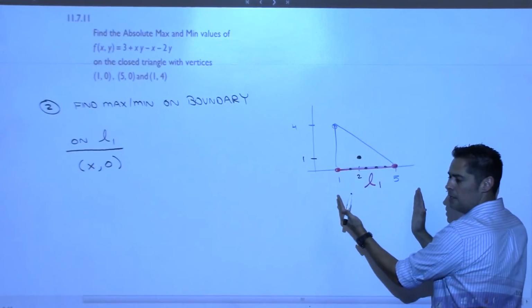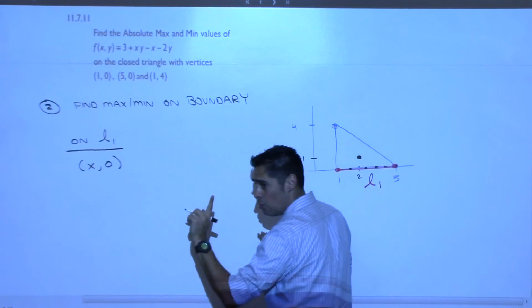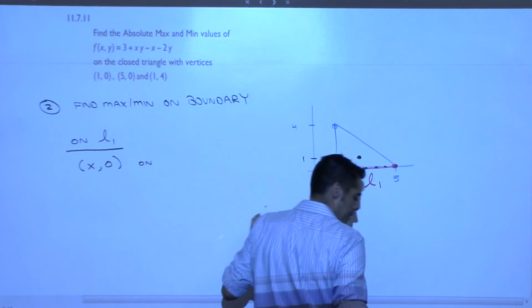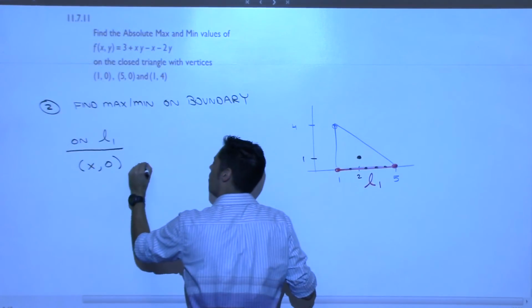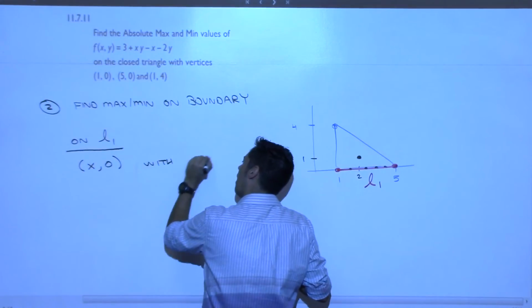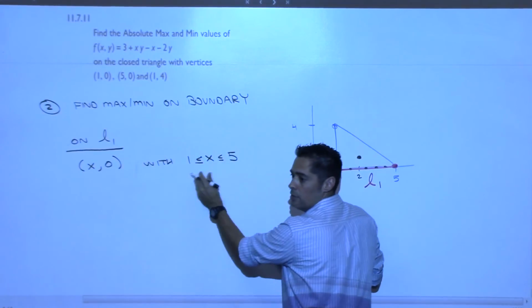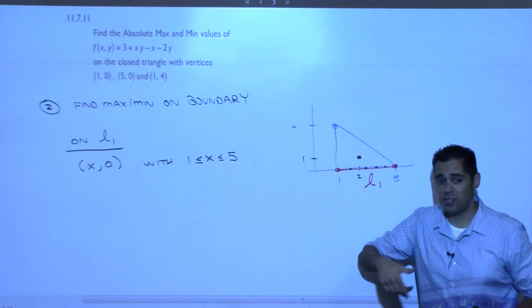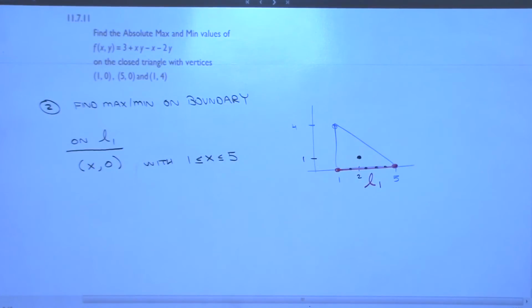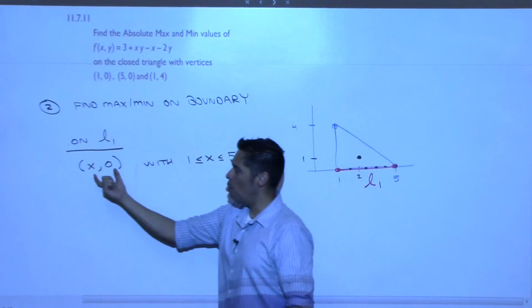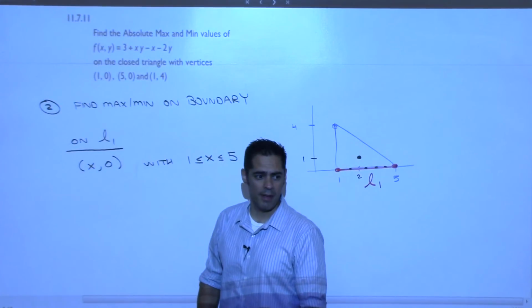X has to be between 1 and 5, closed interval, with x being between 1 and 5. Closed interval. Do you see how this is starting to already look like a Cal 1 problem? I have a closed interval with just x. Y'all see that?